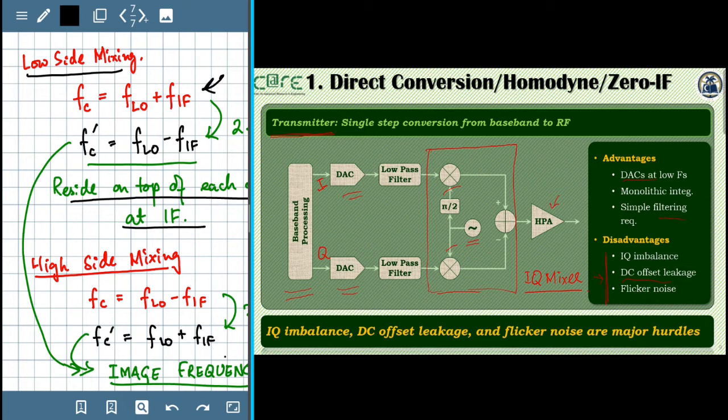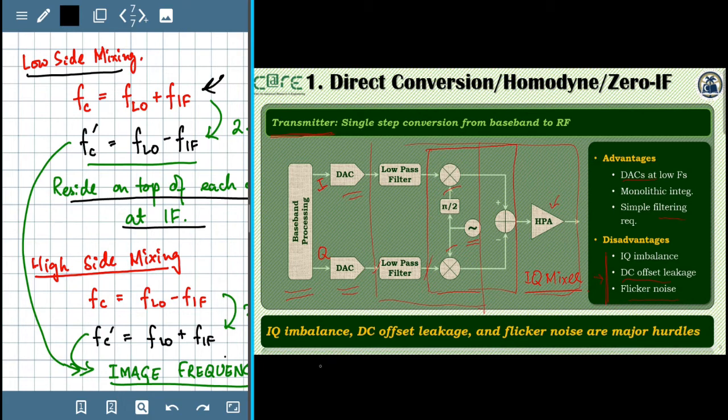So it's basically relevant only at low carrier frequencies, and because all the analog components in this architecture, right from the DACs, are operating in the low frequency region, the signal is being converted at baseband, filtered and then fed to the IQ mixer. So all these operations, because they are happening at low frequencies, add a great amount of flicker noise.